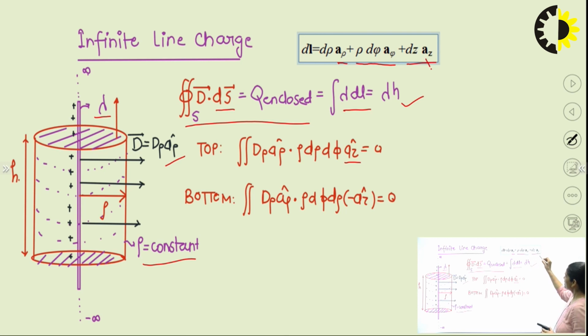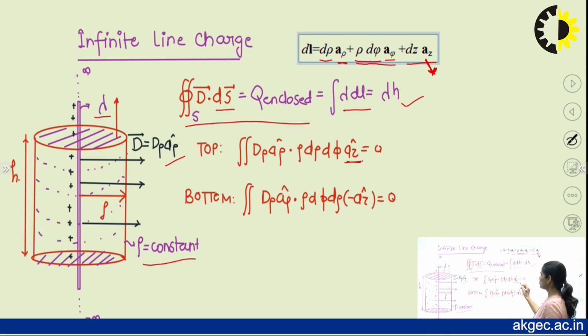Now if you are considering the case of unit vector of z, then you have to multiply d rho into rho d phi, the unit vectors of rho and phi. So for z you have to multiply rho d phi and unit vector of z. Now this is your D in the form of rho, so D rho unit vector of rho. Now you are taking the dot product of this and this, so you will get 0.